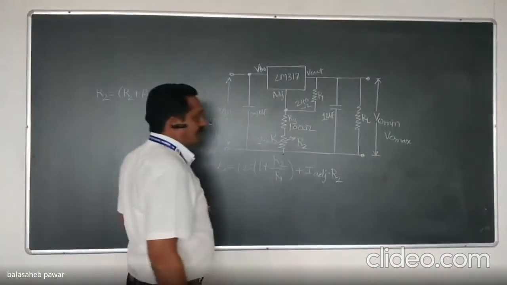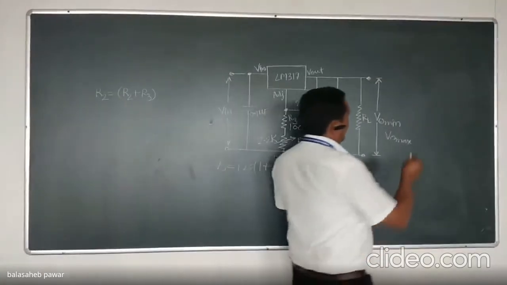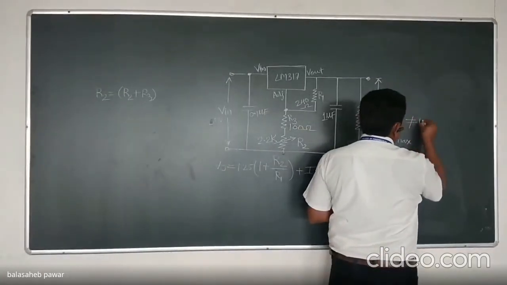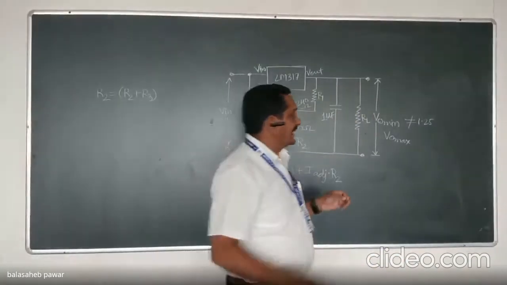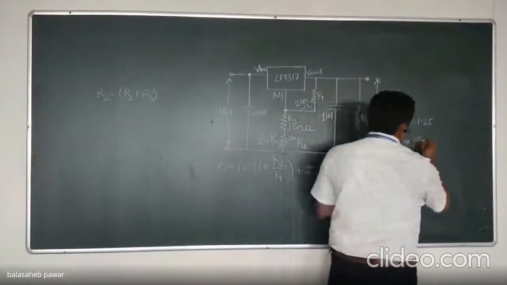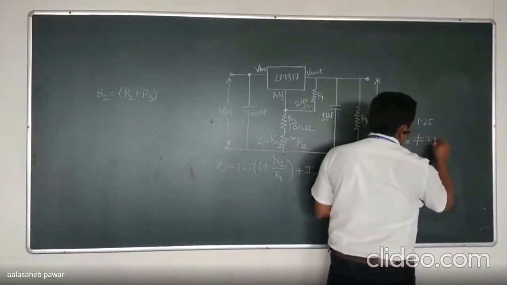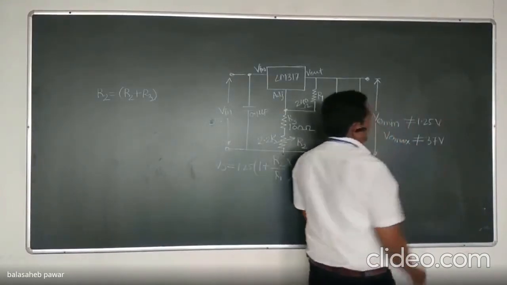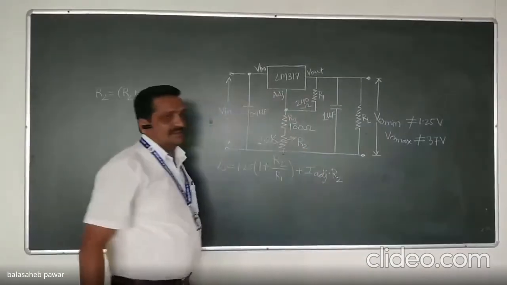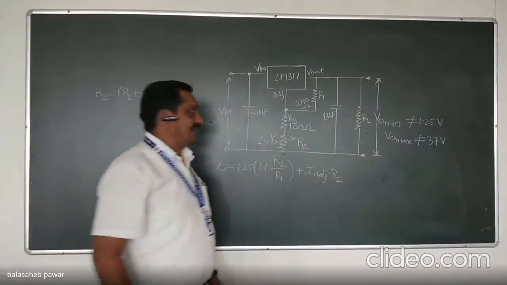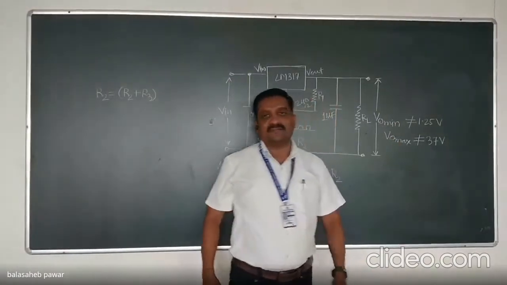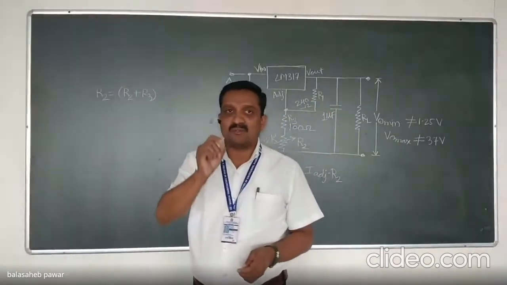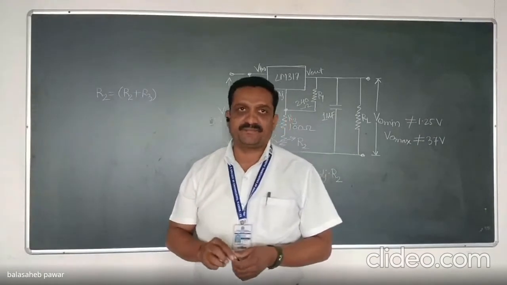We can't say that VO min will be 1.25 as per the range given for the LM317, nor that output voltage maximum will be 37. These answers will be wrong here. Yesterday I already explained VO min is possible, equal to 1.25 volts, whenever R2 equals 0 ohm.